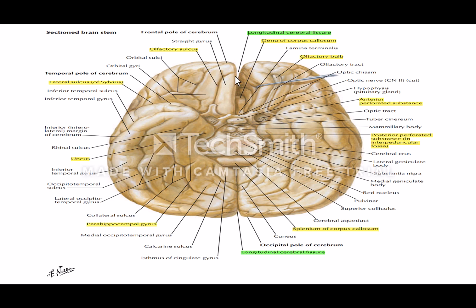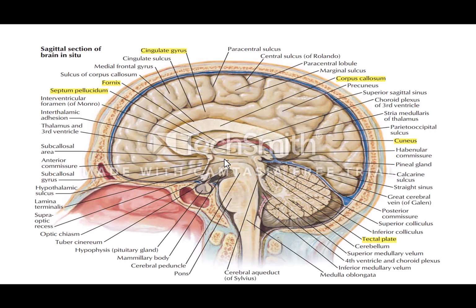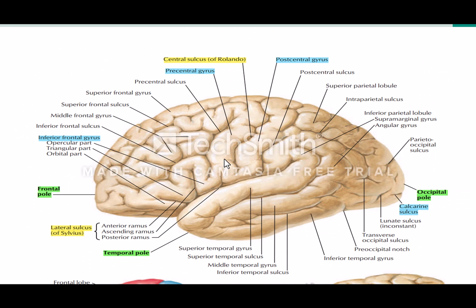In this view, we wouldn't be able to see our central sulcus of Rolando, because this is an inferior view. So that's the calcarine sulcus right there, for vision. We have anterior perforated substance and we have the posterior perforated substance. So this is just a very quick revision of what the structure of the cerebral hemispheres looks like.